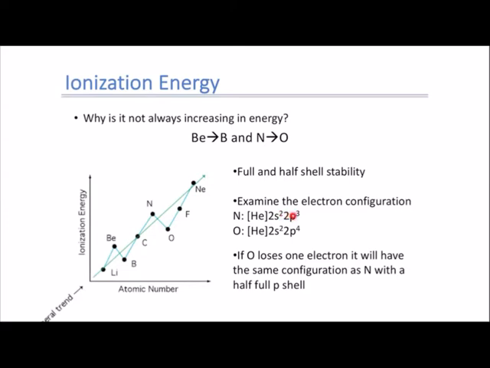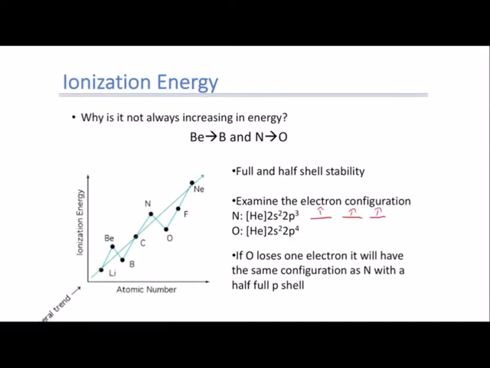Each electron in the p orbital is in its separate orbital. Nothing is paired. Oxygen comes along and pairs up one of the electrons, and then there's 2 unpaired ones. If nitrogen has everything unpaired, changing that configuration will make it slightly less stable.